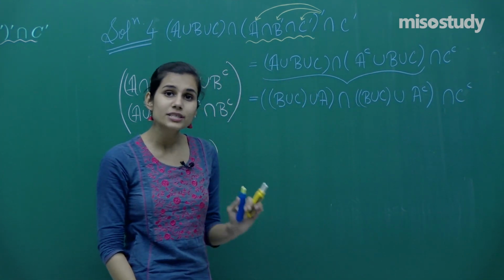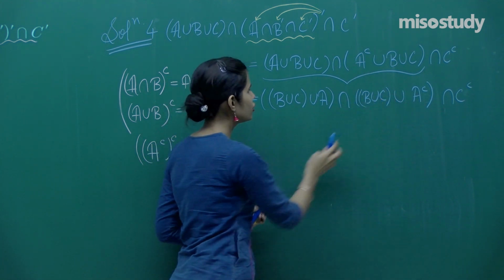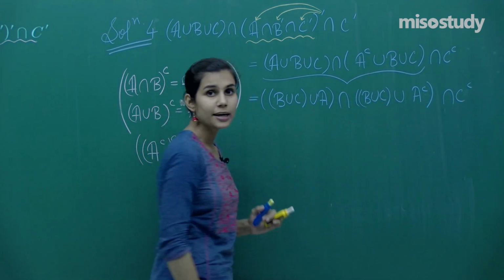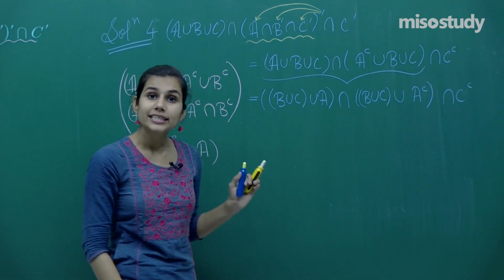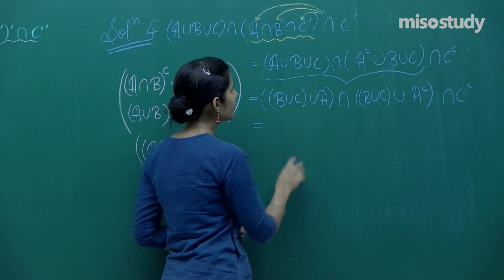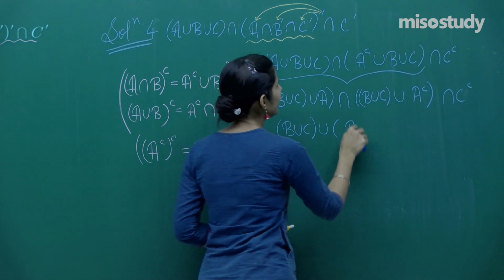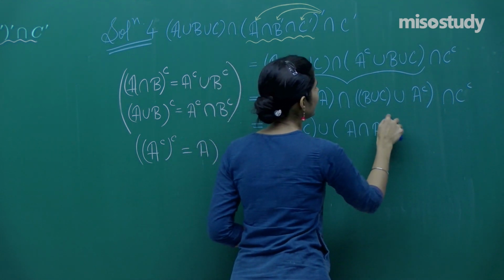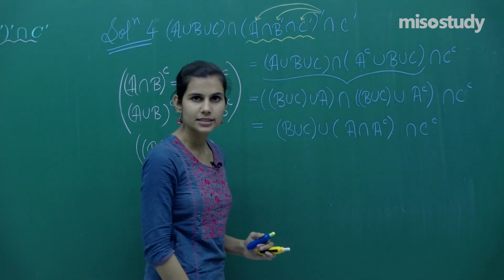With the help of associative laws, I have put these brackets in both these expressions and clubbed B union C at both places. Now I am interested in using my distributive law, which says that this expression is going to turn out to be B union C union A intersection A complement, and just bring C complement as it is.